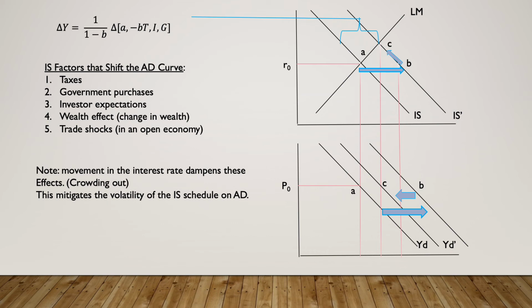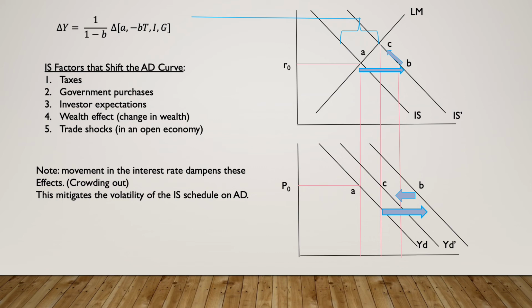Now, hopefully, if you're looking at that top graph and you've been paying a lot of attention in the previous classes, you're going to see the largest shift to aggregate demand when you see a very, very flat LM curve and a very, very steep IS curve.